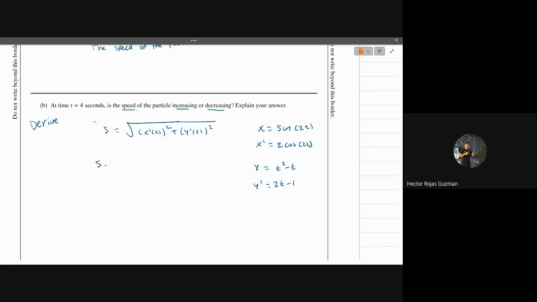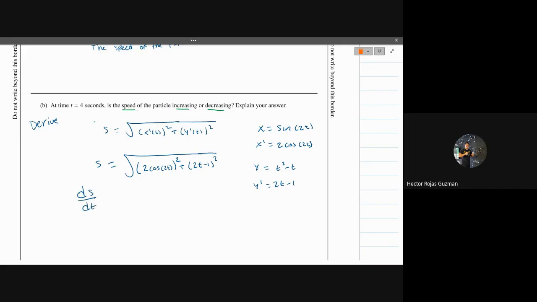So that means the speed formula is going to be the square root of 2 cosine of 2t squared plus 2t minus 1 squared. And that's an equation for speed. Now you can find the speed at any given time. But we want to check if this is increasing or decreasing. So you're going to take your derivative.